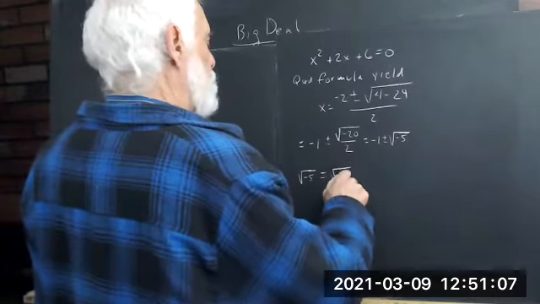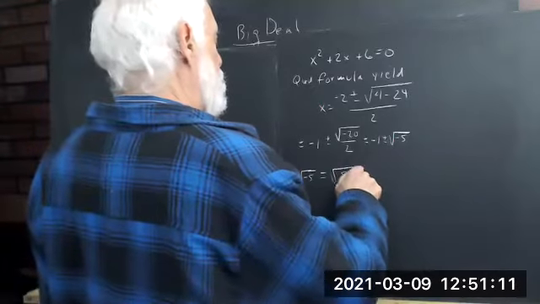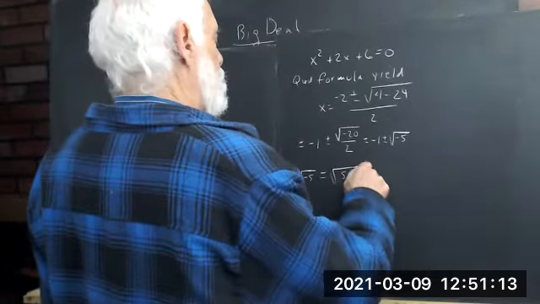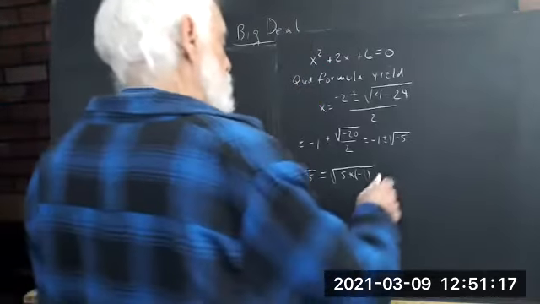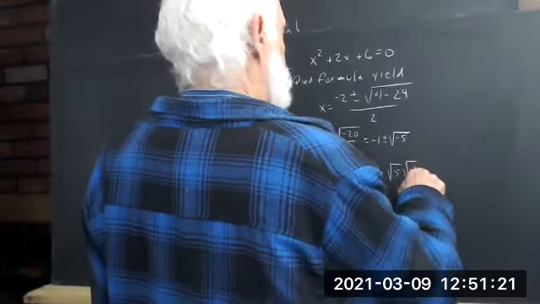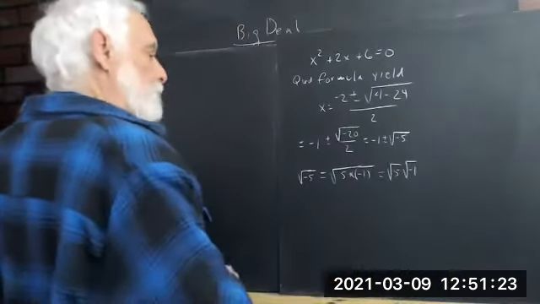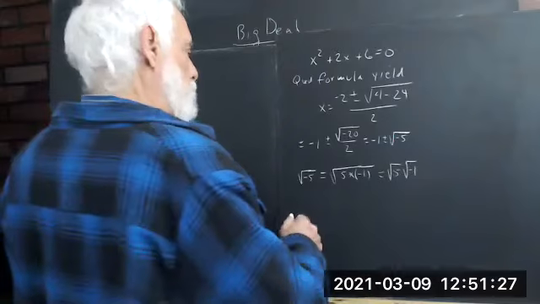But we can write the square root of -5 as the square root of 5 times -1. And that's equal to the square root of 5 times the square root of -1. And the square root of -1 is our fundamental imaginary number i.